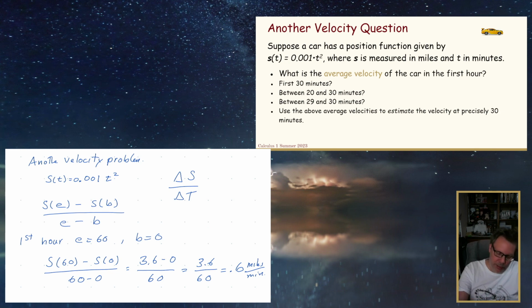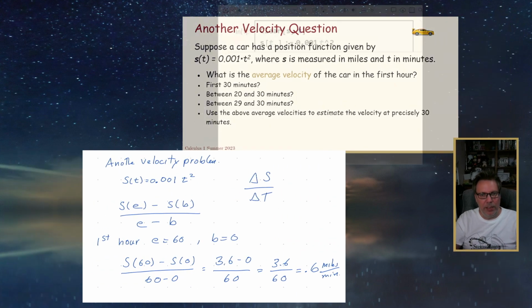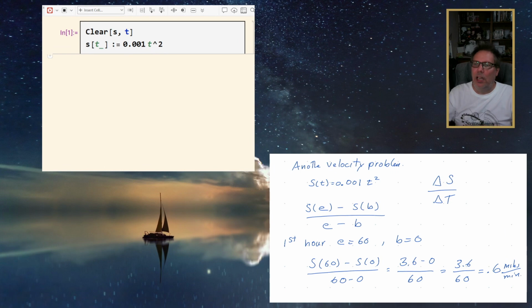Now what I'd like to do, instead of writing this down all the time, is start using Mathematica a little bit here. I want to clear my two variables and then enter in the function that I'm dealing with.